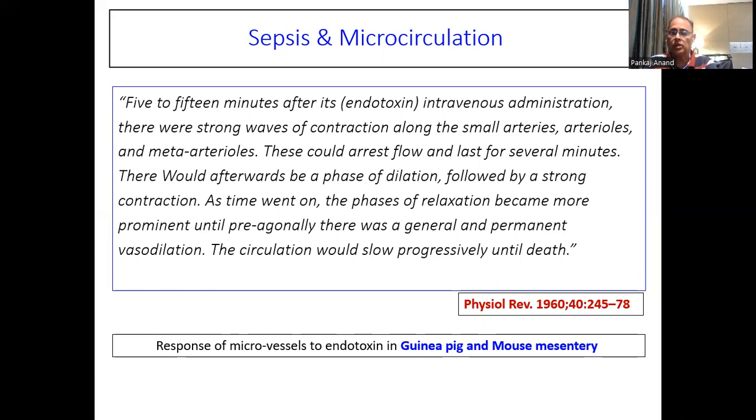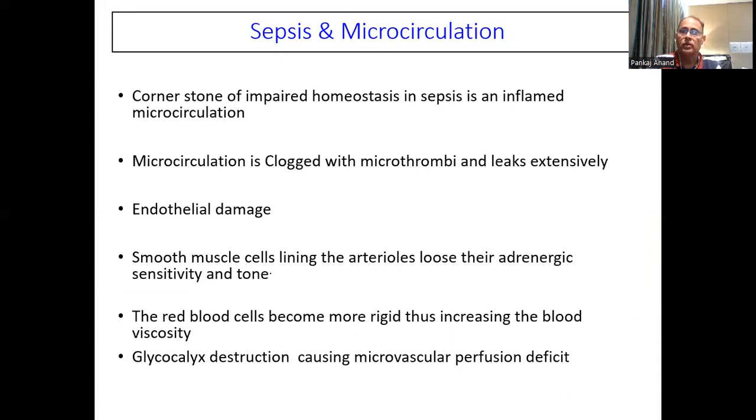These ultimately caused an arrest in the flow and lasted for several minutes. There were then phases of dilatation followed by strong contraction. The phases of relaxation became more prominent. Ultimately, preagonally, there was a general and permanent vasodilatation leading to the death of the tissue.